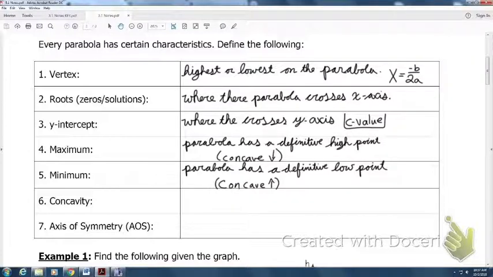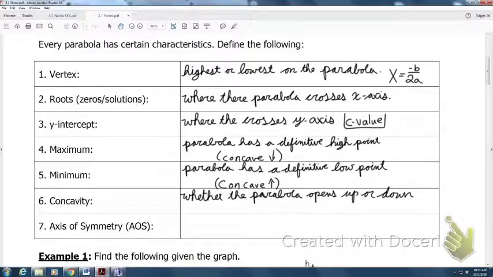Concavity is whether or not the parabola opens up or down. The axis of symmetry is very similar to what it was in the absolute value unit, and by that I mean it is exactly the same.